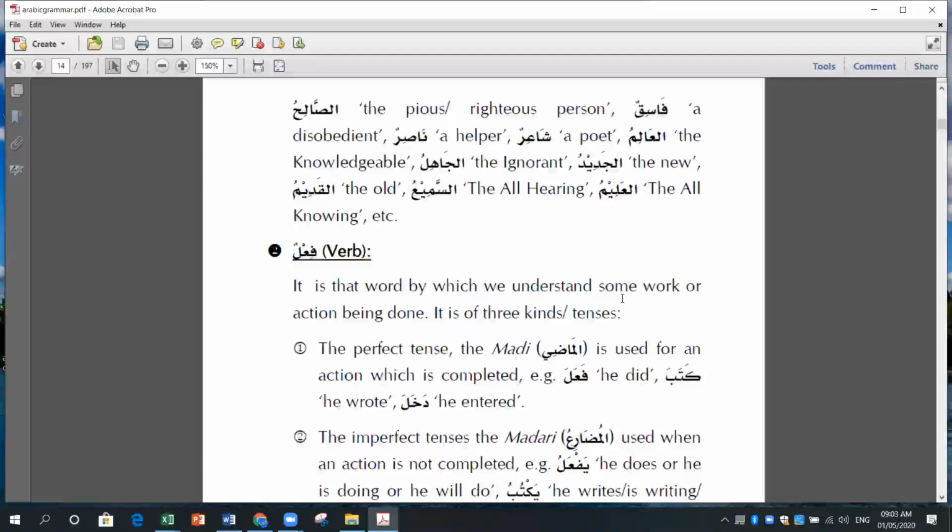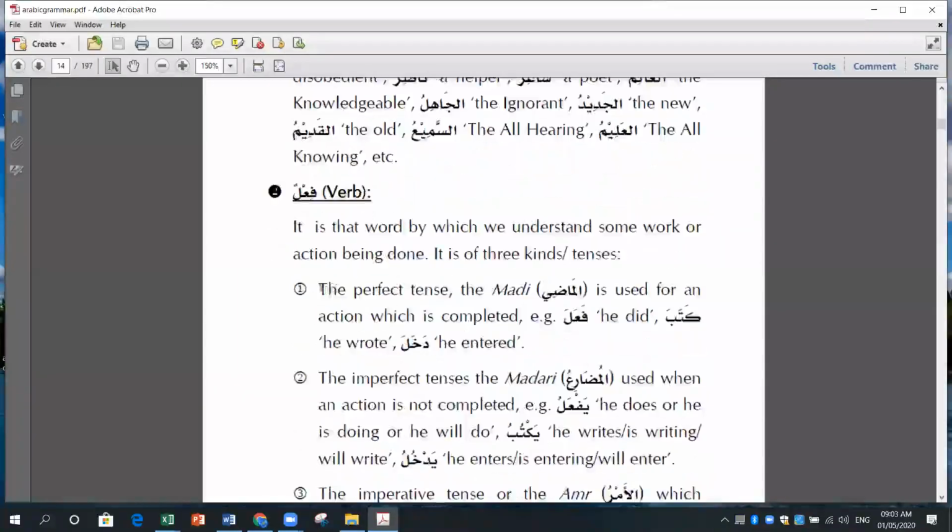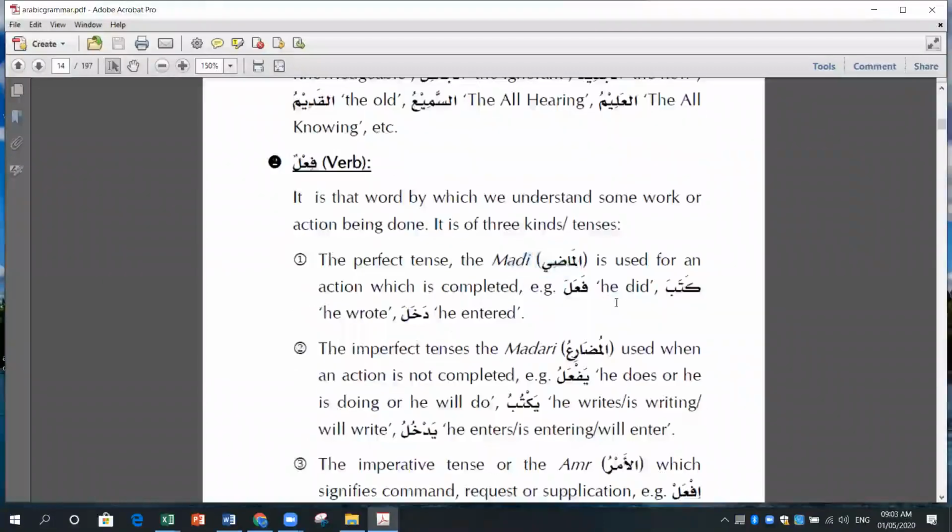The verb is happening in the past. Then if it is completed, it is the perfect tense, like it has been perfected. It has been done. So this is fi'l madi, and it will always come on the scale.